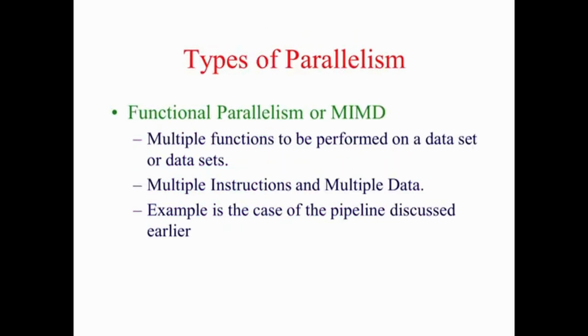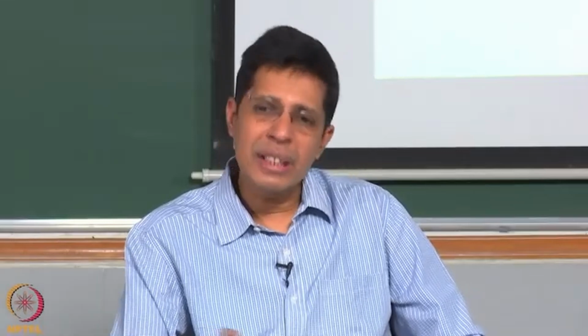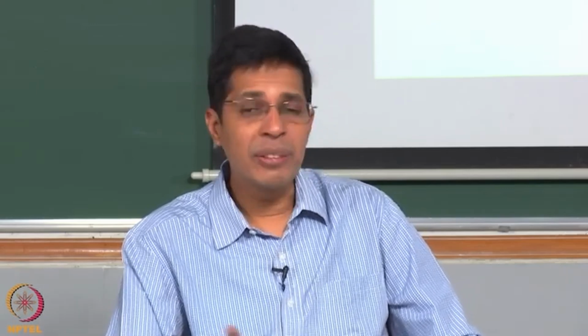To sum up, there are 2 types of parallelism, data parallelism and functional parallelism. We have already seen data parallelism, like we saw recursive doubling, etc. For SIMD we saw the MMX instruction set, etc. Now we will have a very good introduction to functional parallelism, which is multiple instruction multiple data.